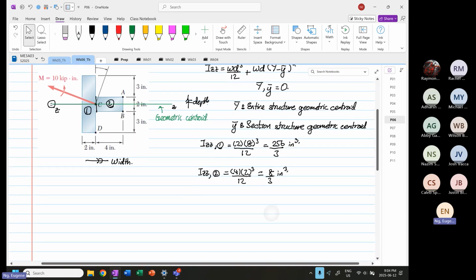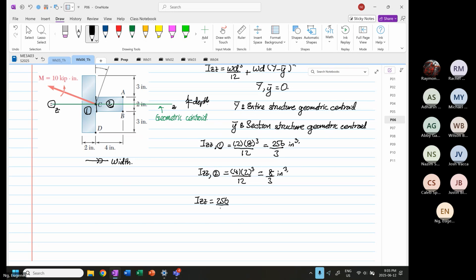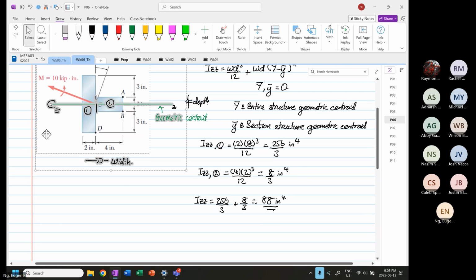So IZZ is equal to 256 over 3 plus 8 over 3. So 256 over 3 plus 256 over 3 plus 8 over 3 is equal to 88. Why do I say cube? Sorry, to the power of 4.